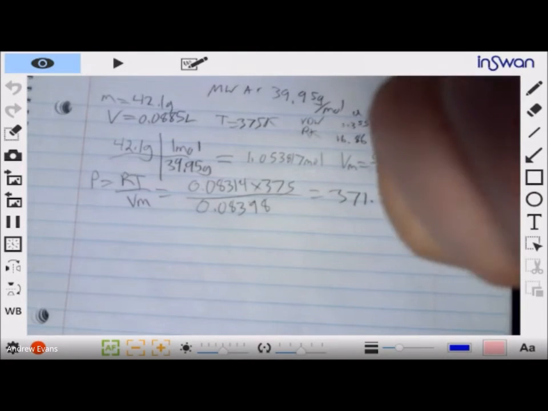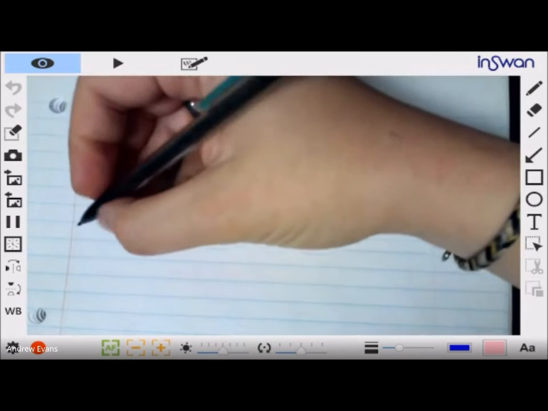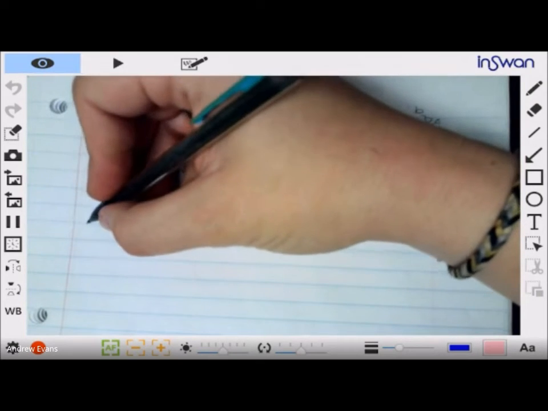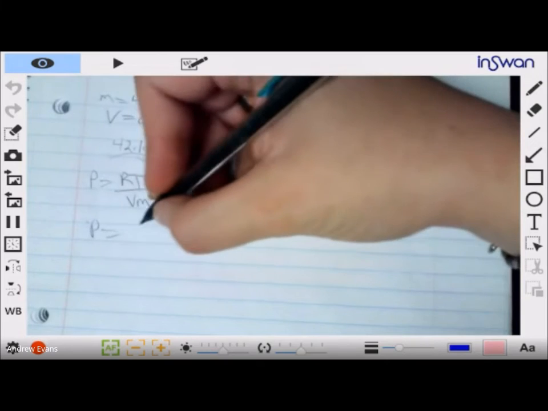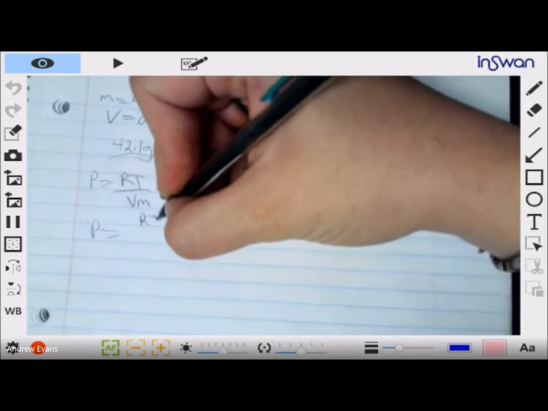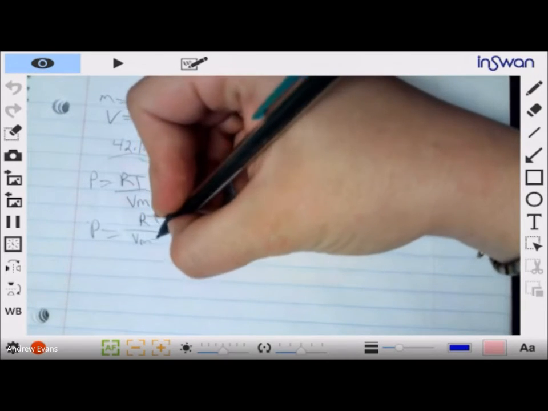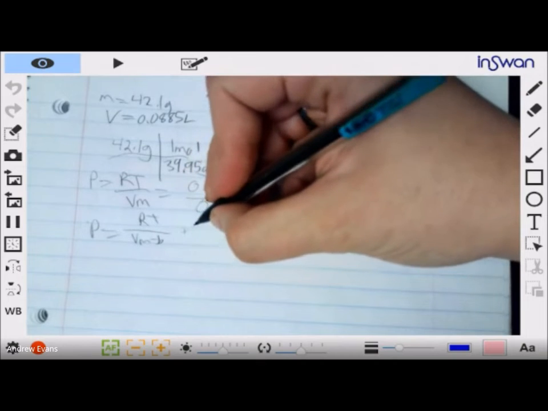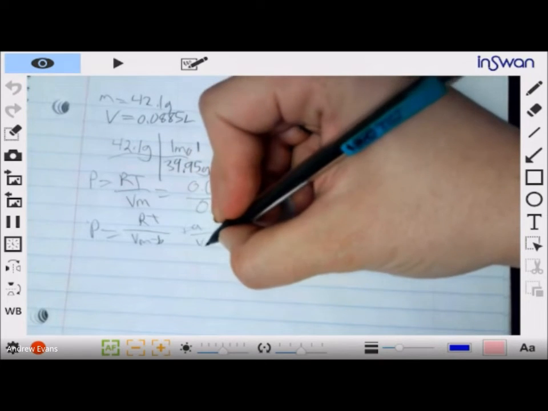Okay. Now for van der Waals is a little bit more difficult. RT over V sub M minus B, minus A over V sub M squared.